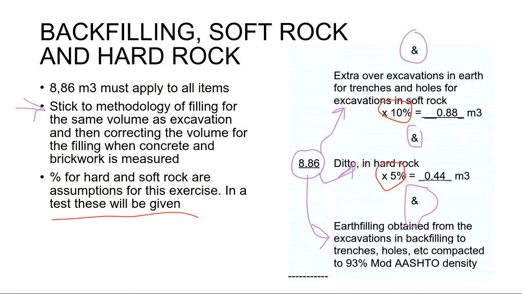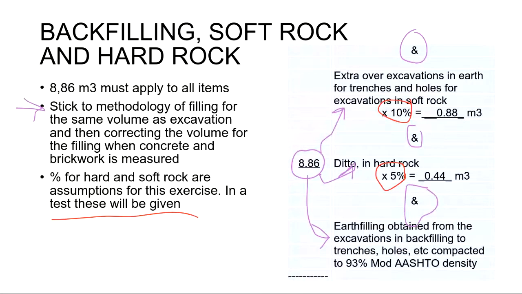So if it's not on a drawing in a test situation, I will definitely give it to you on the paper itself. But I will not leave it up to your own discretion in a test situation, because otherwise I have too many variations due to the number of students in the class. Okay, so for now you can just go with the assumption of the 10% and the 5%.